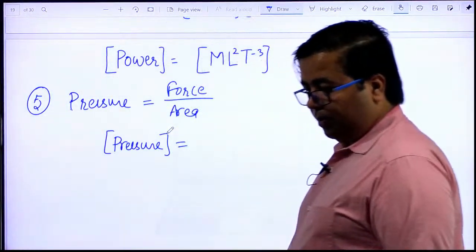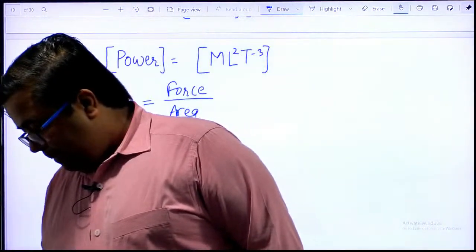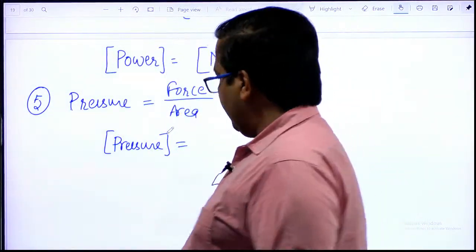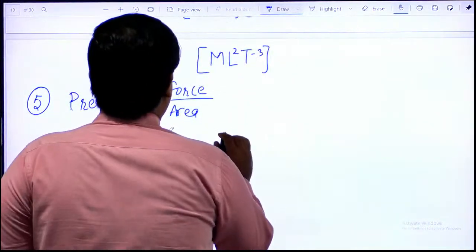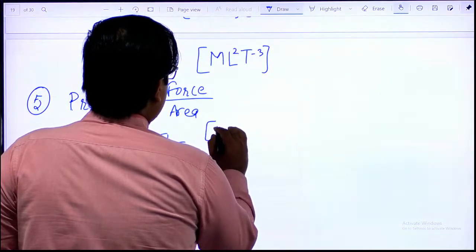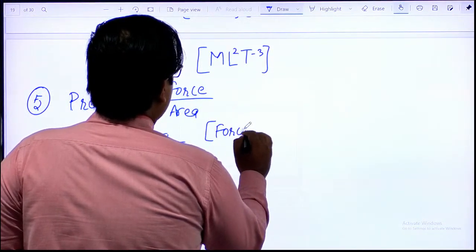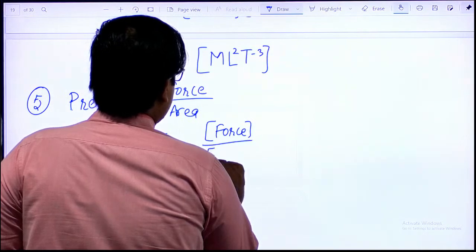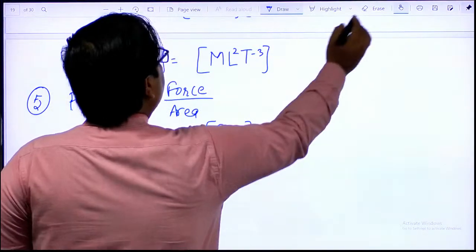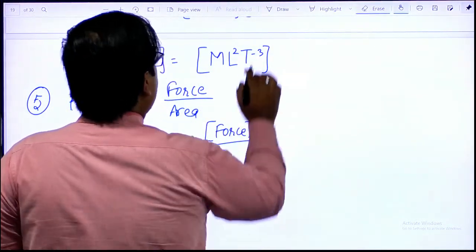So the dimensional formula of pressure is the dimensional formula of force by the dimensional formula of area.